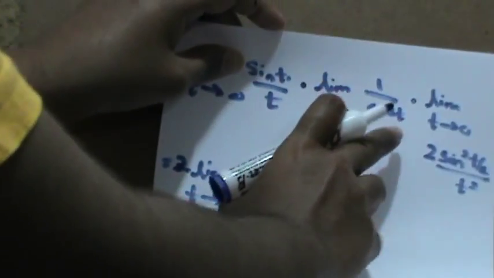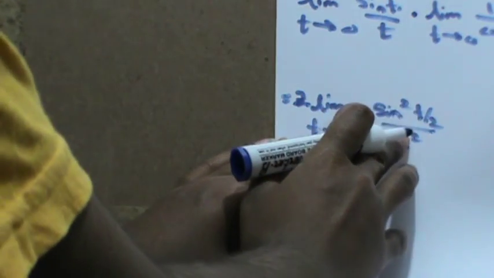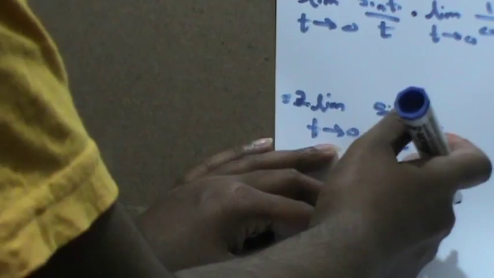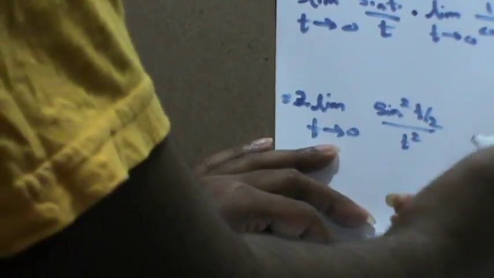So this is now equal to the limit when t goes to 0. I'll take this 2 out here. It will be sine squared t by 2 divided by t squared. So I can write this sine squared t by 2 as sine t by 2 divided by t times sine t by 2 divided by t.